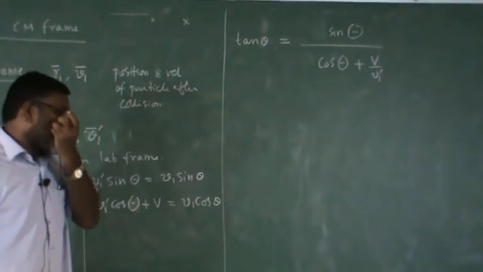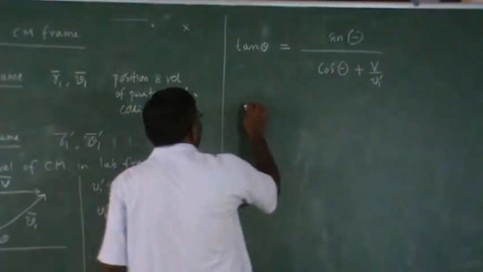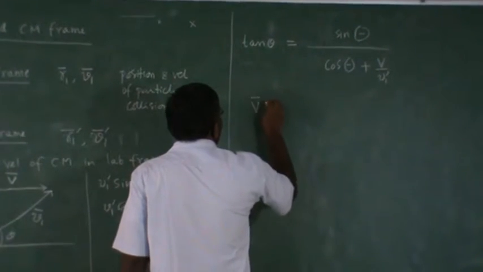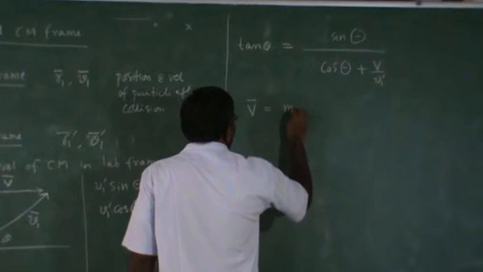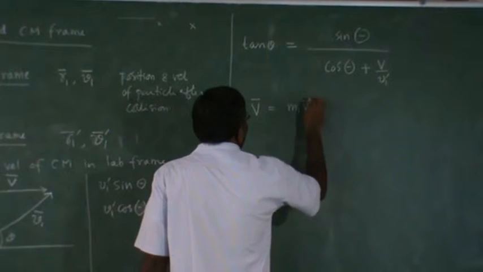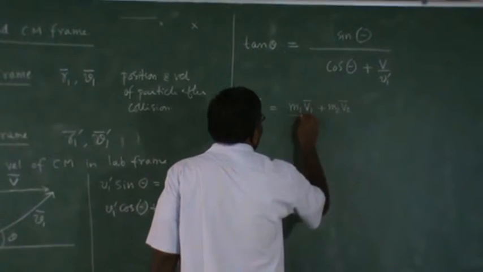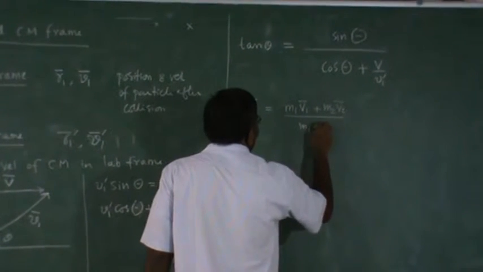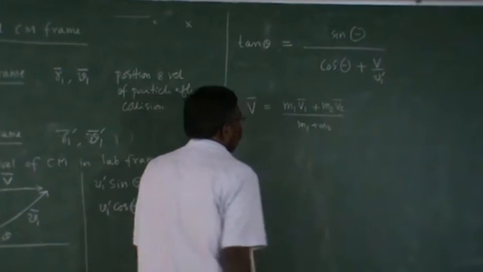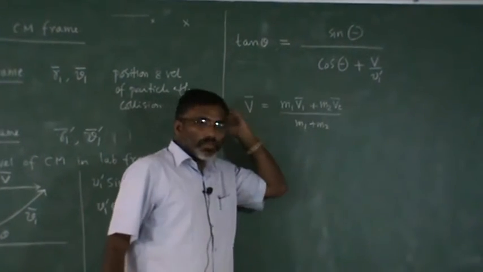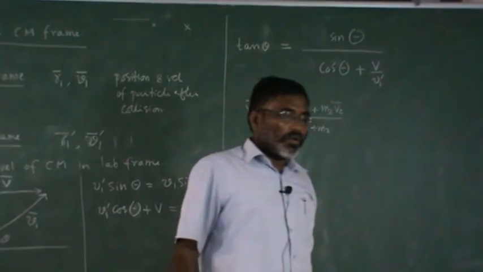Now, the center of mass velocity can be written as V is equal to M1 V1 plus M2 V2 divided by M1 plus M2, where V1 and V2 are velocities of these particles before collision.